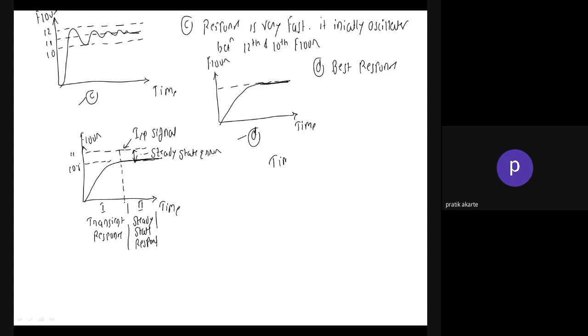This time response is subcategorized into two parts. The first part is your transient response, in which your output is continuously changing with respect to time, while in steady state response, your output is not changing with time, it remains more or less constant.